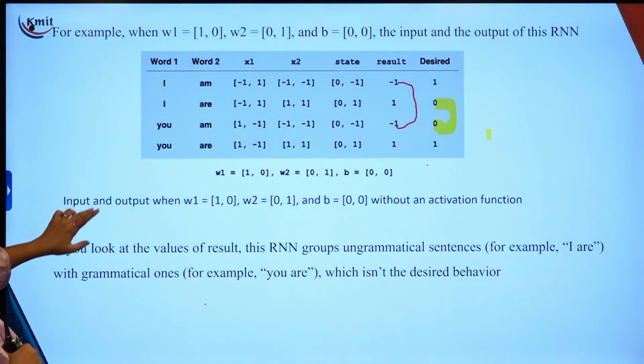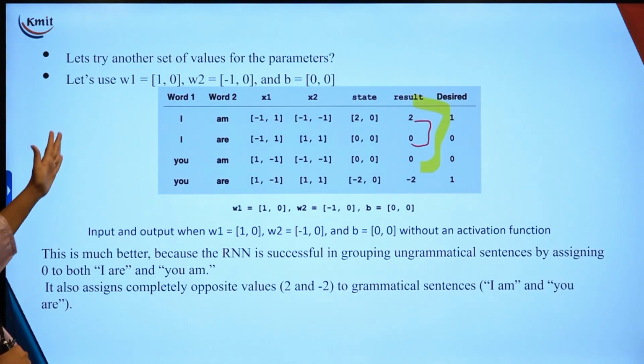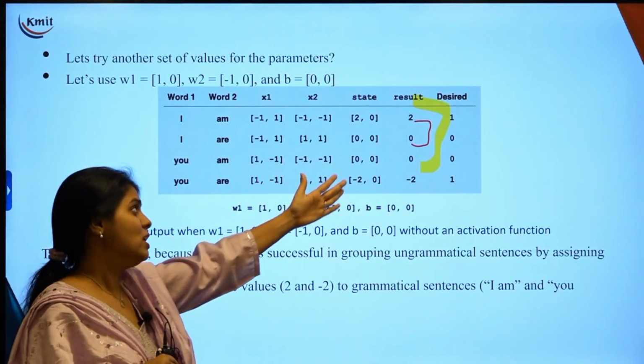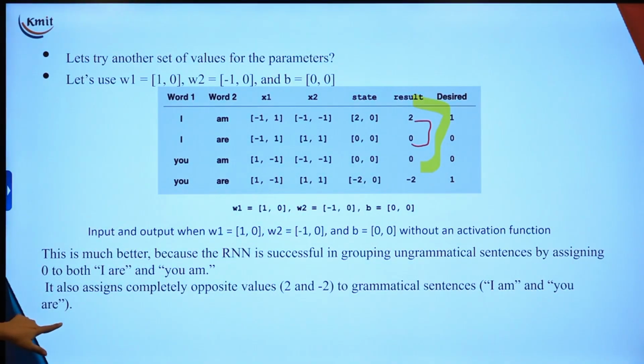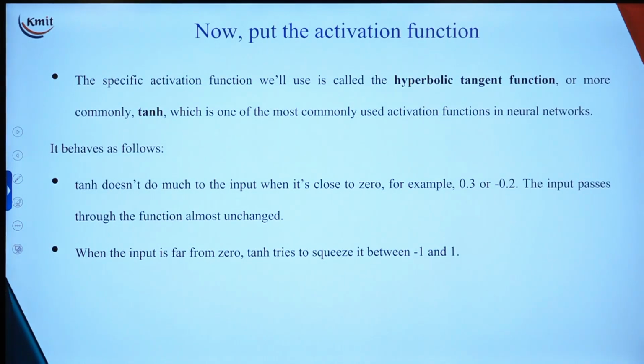Even if you randomly change the weights in W1 and W2, the output would not match the desired result. So RNNs will not work without activation functions.